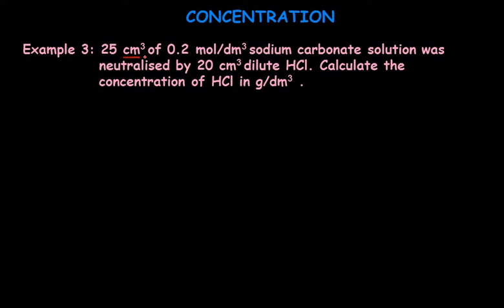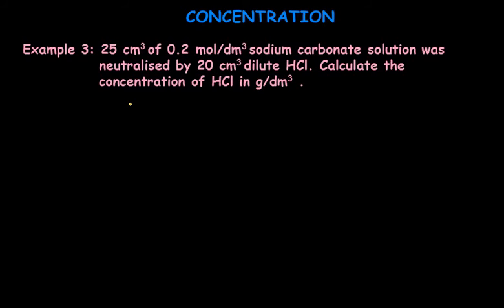25 cm cube of 0.2 mole per dm cube sodium carbonate solution was neutralized by 20 cm cube dilute hydrochloric acid. Calculate the concentration of hydrochloric acid in grams per dm cube. Now here we don't have moles, here we have grams per dm cube.